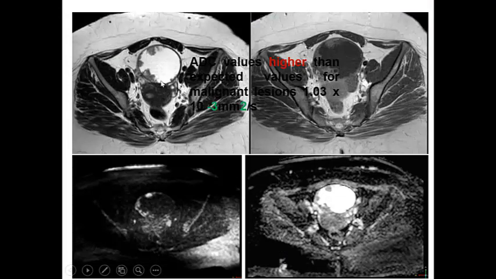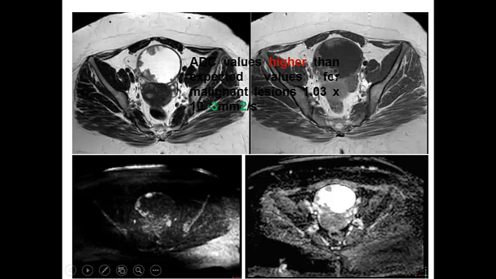Here also we have a papillary cystadenoma with restriction in the papillary projections, and the criteria fit with a malignant lesion. But in this case, the ADC was 1, not more than 1.2, so it's relatively high, with this enhancement.